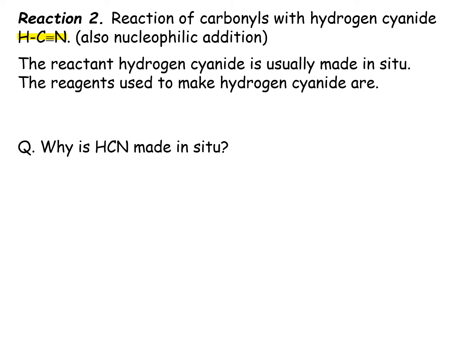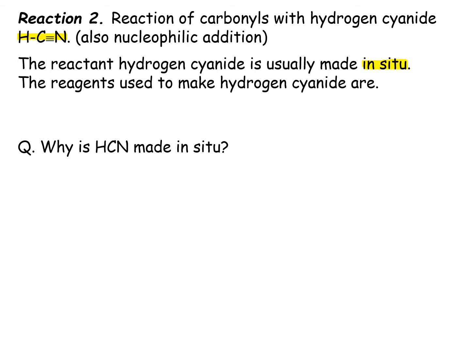Now you'll be pleased to know, even though this is a new reaction, it undergoes the same reaction mechanism, nucleophilic addition. The reactant, hydrogen cyanide, is usually made in situ. Now we've come across this term before, in situ. Think back to the alcohols topic, when we converted the alcohol to the haloalkane.